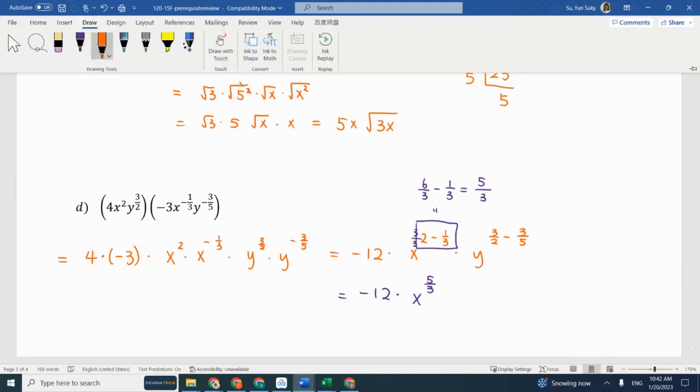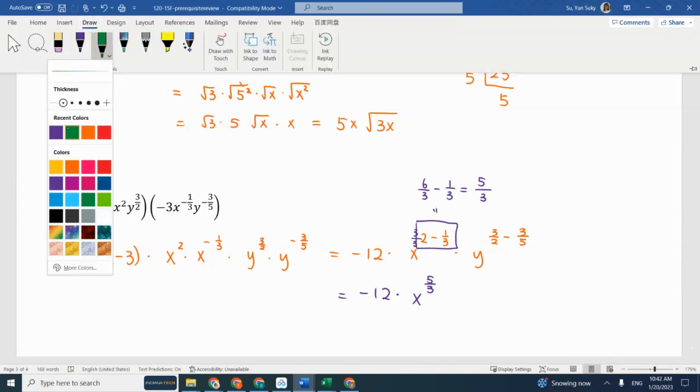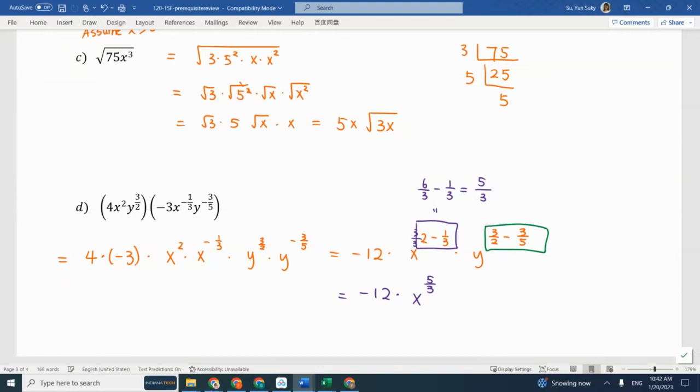Yes, everybody? Okay, how about these ones? What's the common denominator? 10. First term, we multiply by 5 on top and bottom. Second term, we multiply by what? 2.